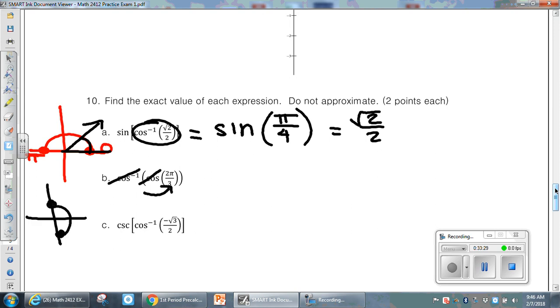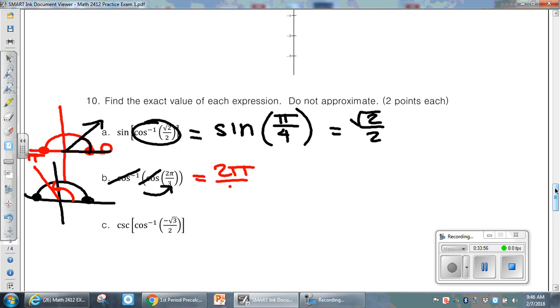So then 2 pi over 3 will be like over here. Okay? But for cosine, yes. So for cosine, as long as that angle is in this interval right here, for cosine inverse. And so we know that 2 pi over 3 is right here. Right? So we do cancel, and the answer is just 2 pi over 3.